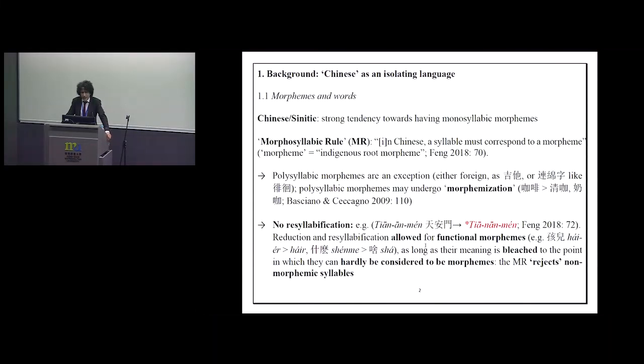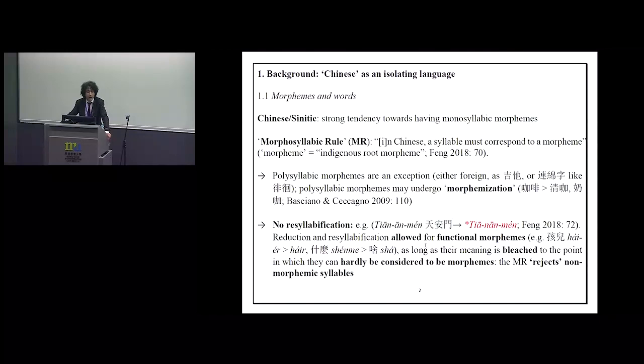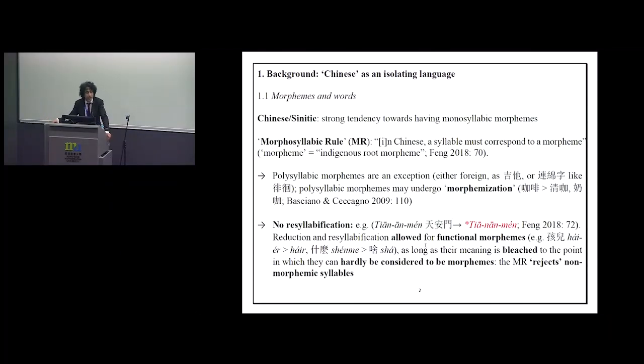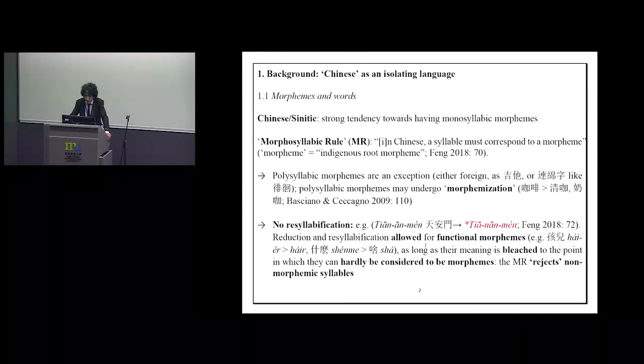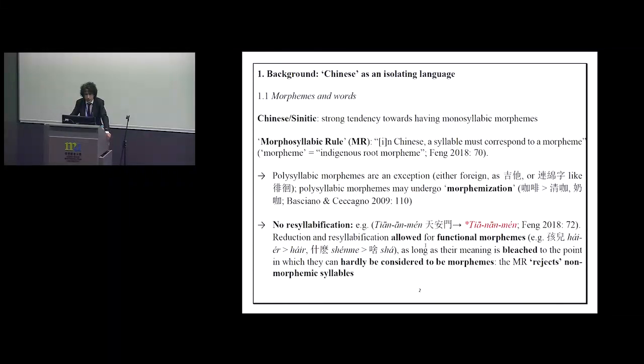And if reduction of syllables and obliteration of syllable boundaries happens, it's usually, if we speak of Standard Mandarin, for morphemes whose meaning is bleached to the point that they're basically not morphemes, like er for child, or sha for shama. So at that point, where these r and m are really no longer morphemes, then they can just get reduced. But if a syllable has to correspond to a morpheme, then they tend to be unstable.